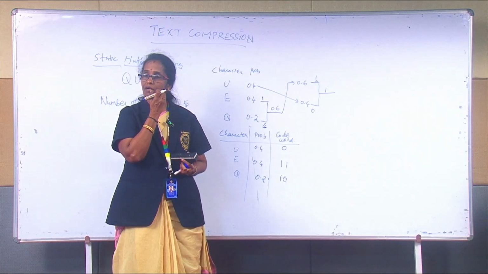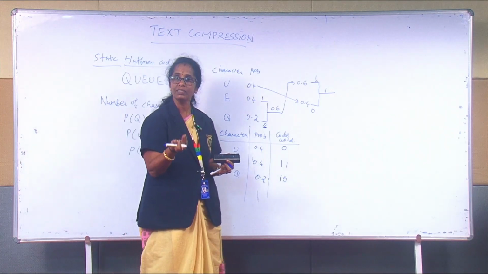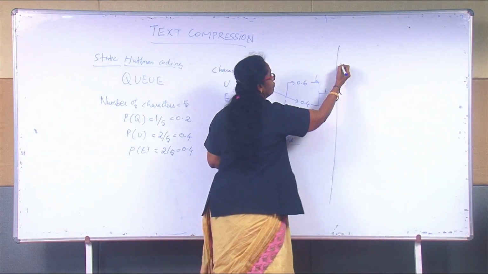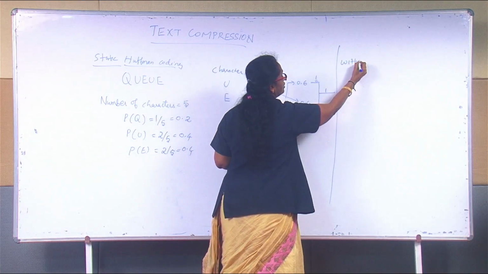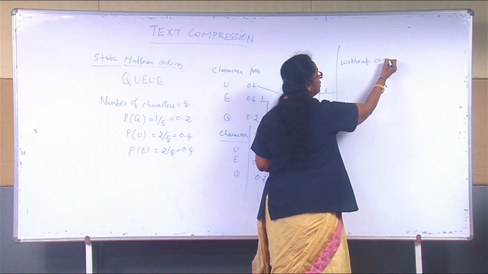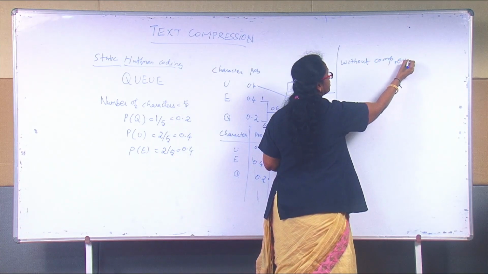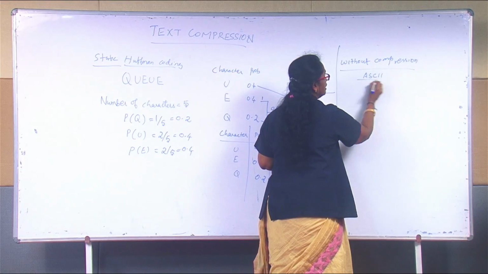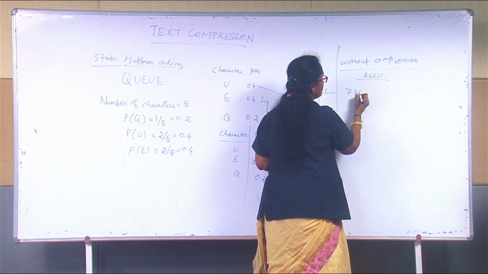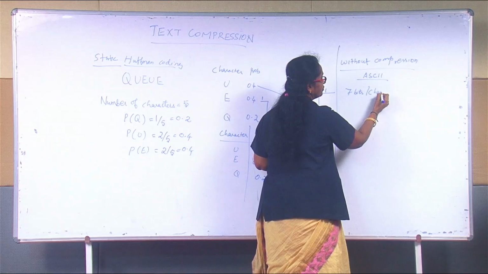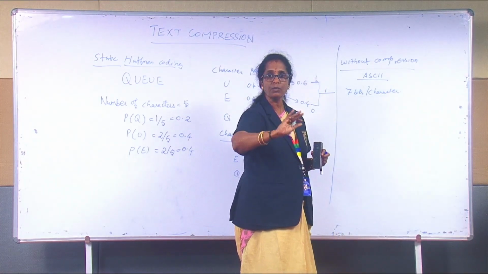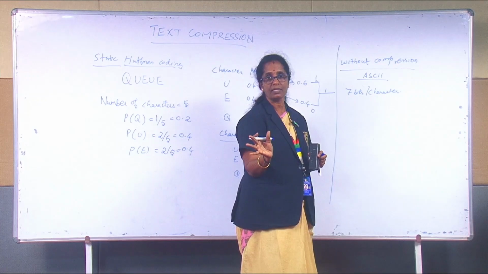So if I have not used compression, how many bits might I have transmitted? Without compression, that means assume I am using ASCII coding. In ASCII coding, we are using 7 bits per character. So totally how many characters? For all the characters, irrespective of the probability, 7 bits are assigned.